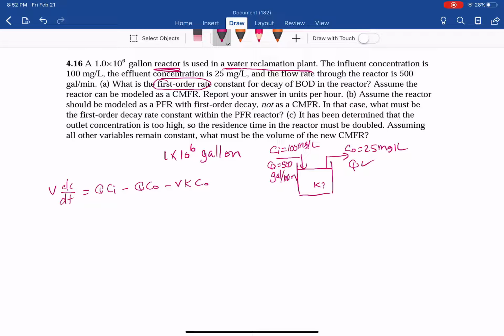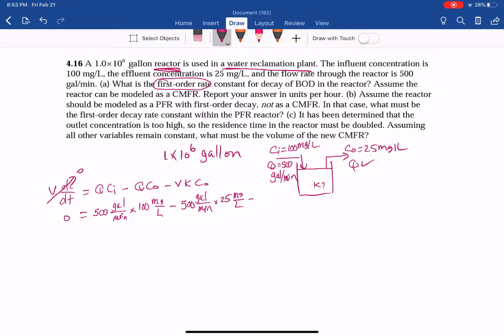So Q is known, 500 gallon per minute, and the concentration in is 100 milligram per liter, minus Q out, the same thing, 500 gallon per minute, times C_out. C_out is 25 milligram per liter, minus the volume.